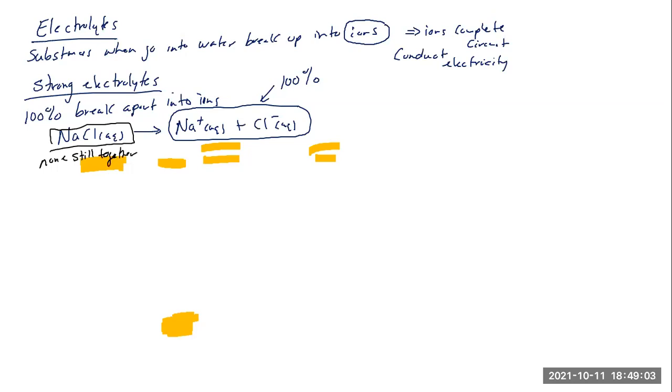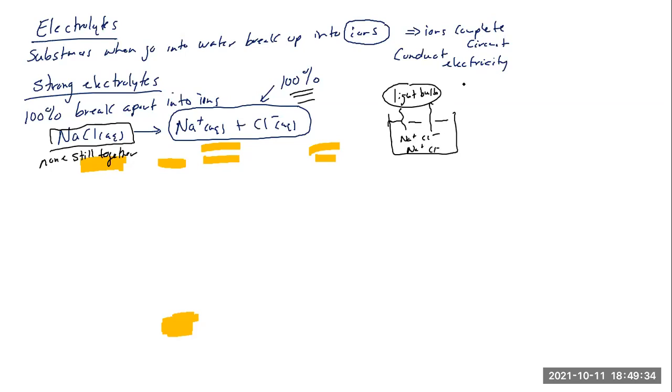So what does that mean? Well, what that means is you just produced a lot of ions really quick. And a very common experiment is they take a light bulb, and let me just draw it as a light bulb. And perhaps we have some electrodes hooked up to the light bulb. And if you stuck it into a solution that's a strong electrolyte, like sodium chloride, again, basically you have all these sodium and chloride ions floating around.